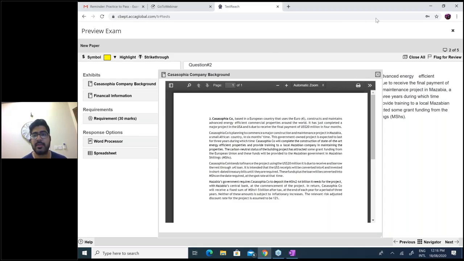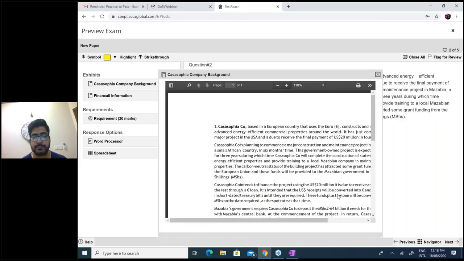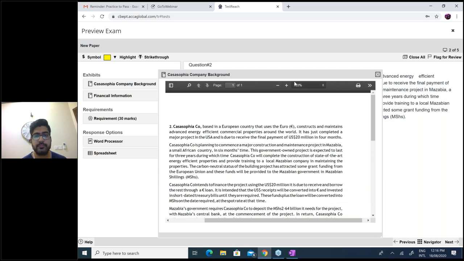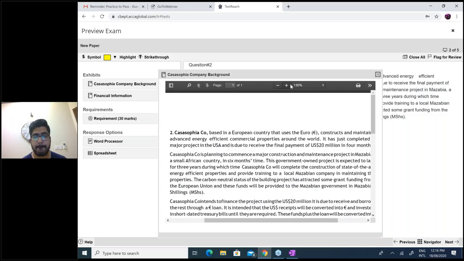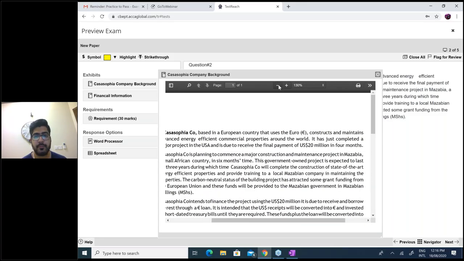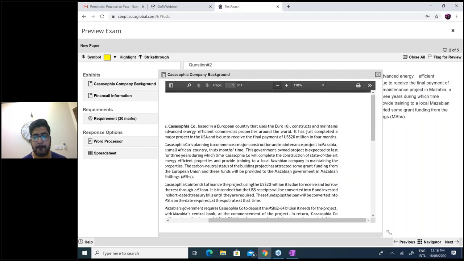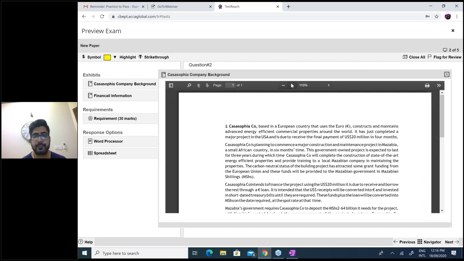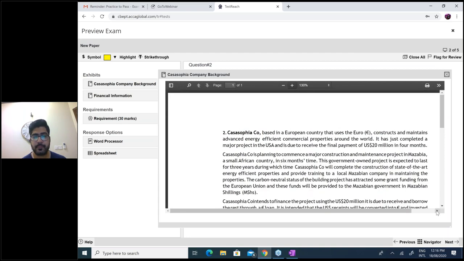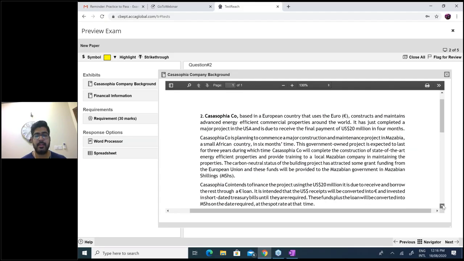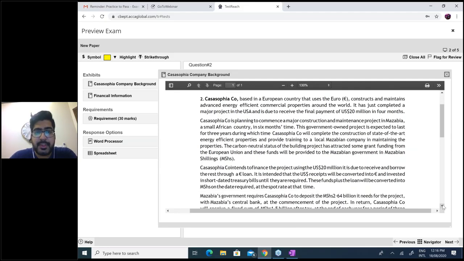I have clicked on exhibit 1 and we will start this question. The question states, Casa Sofia, a company based in a European country, that uses euro, constructs and maintains advanced energy efficient commercial properties around the world.